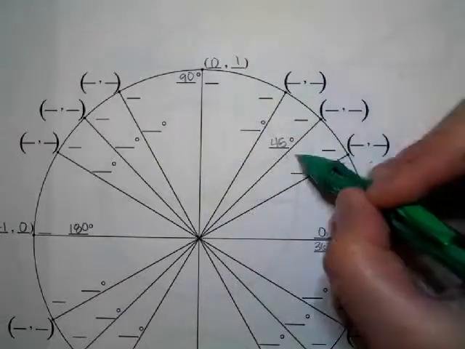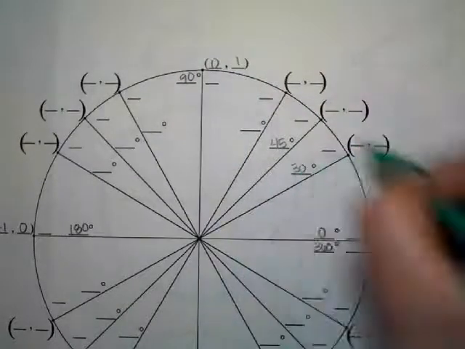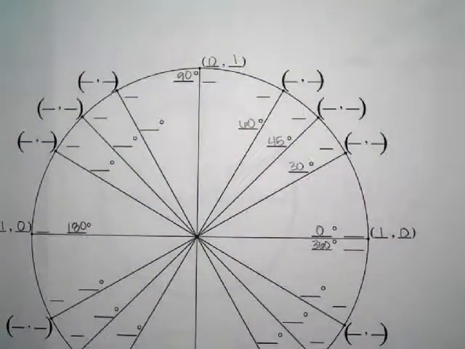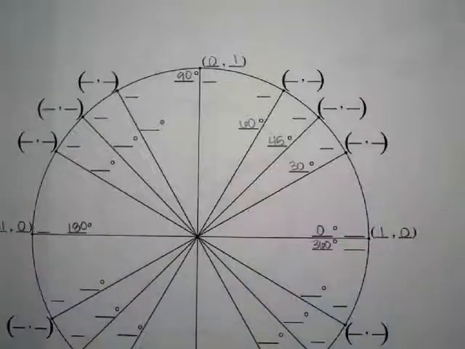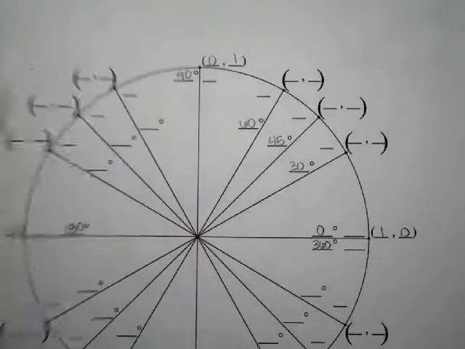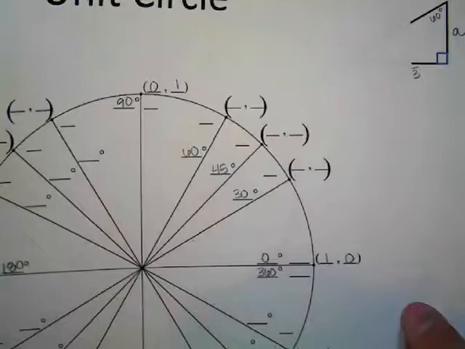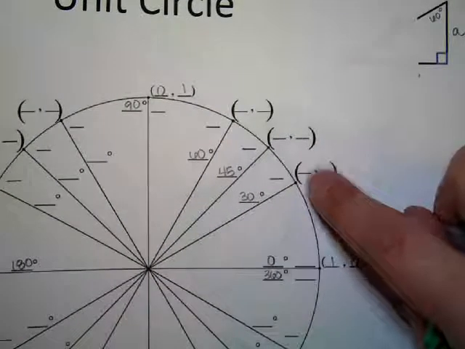And then these angles right here are going to be 30 degrees and 60 degrees. And so that's why we're going to reference a 30, 60, 90 triangle and a 45, 45, 90 triangle, because we are actually going to draw those triangles right here. And we're going to use those triangles to figure out what these lengths are, okay? And I'll show you in a minute how we're going to do that.